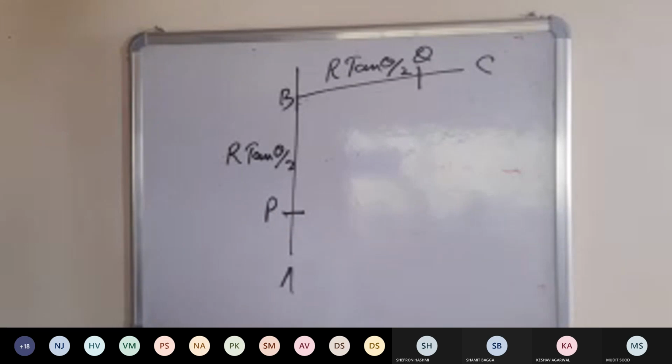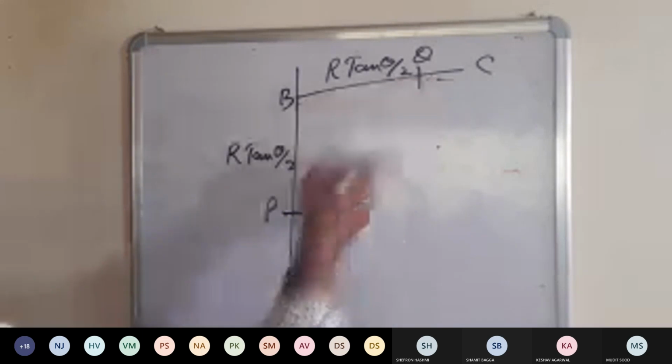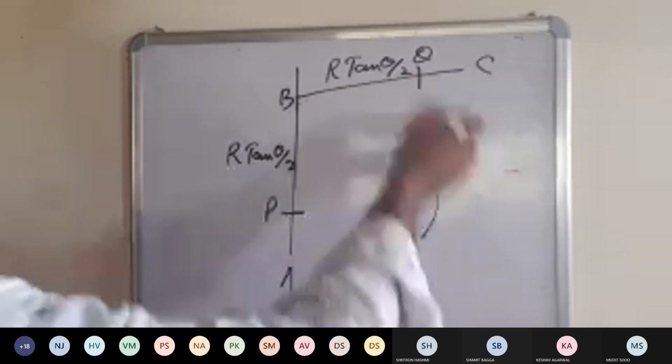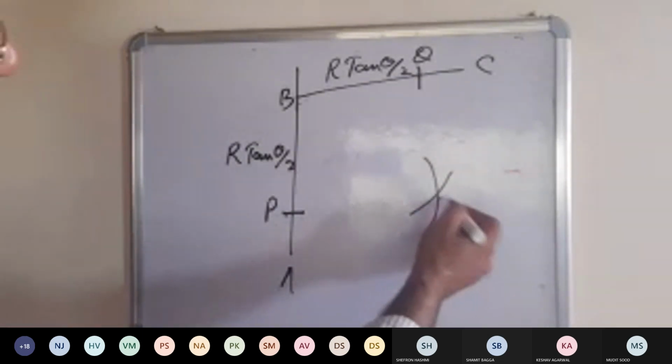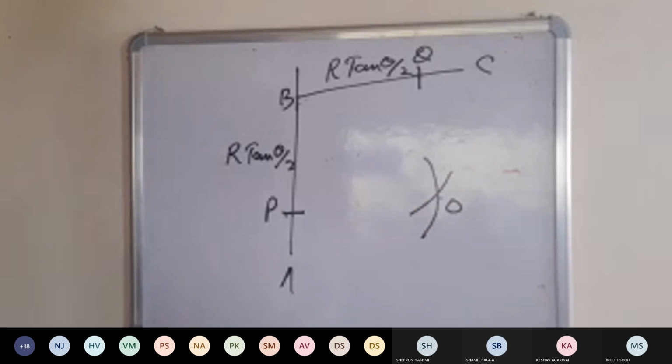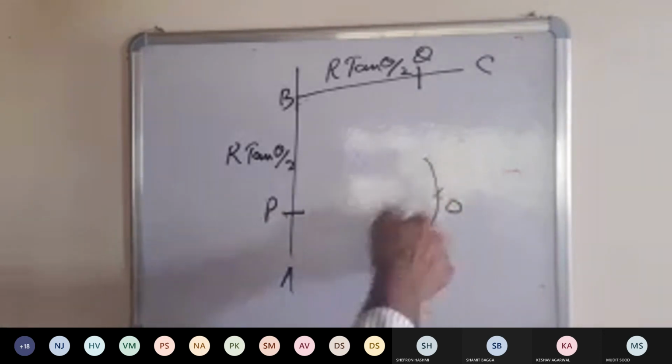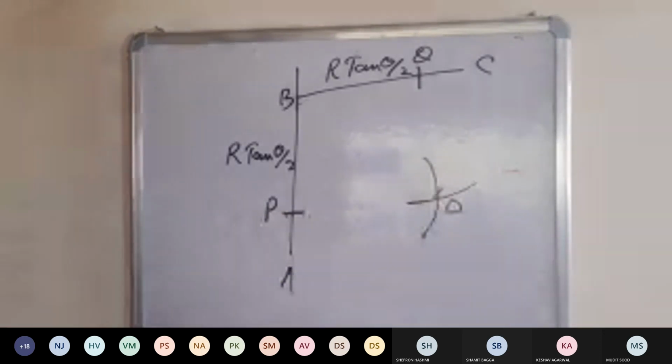This is the third point. Yes, sir. Fourth point says that from P and Q cut 2 arcs such that they intersect at point O. Correct? Read the sentence. Point number 4, read.